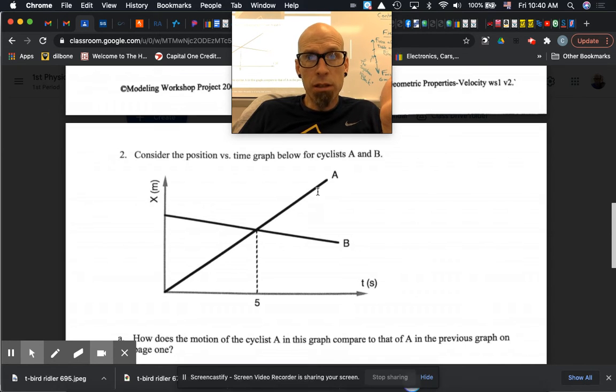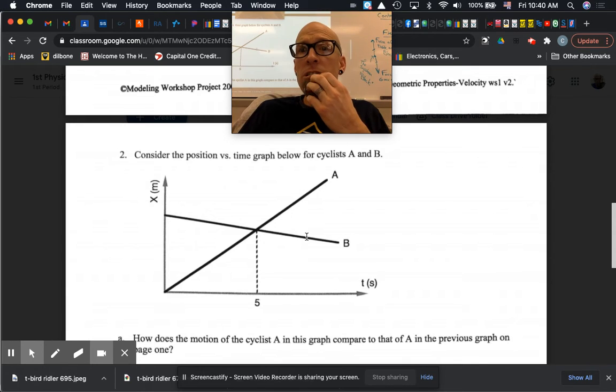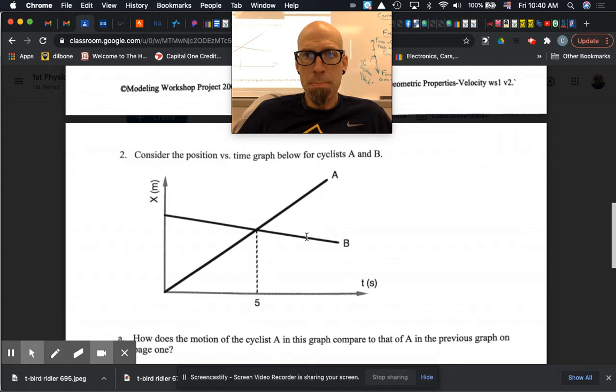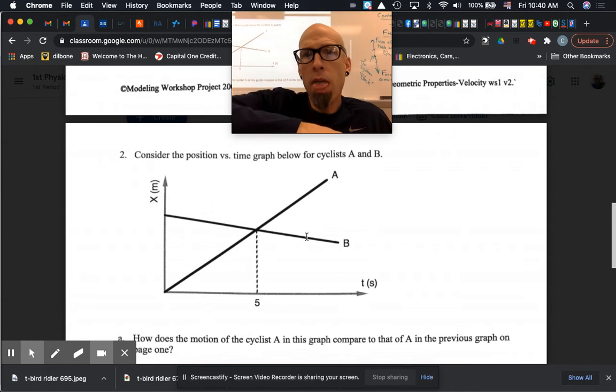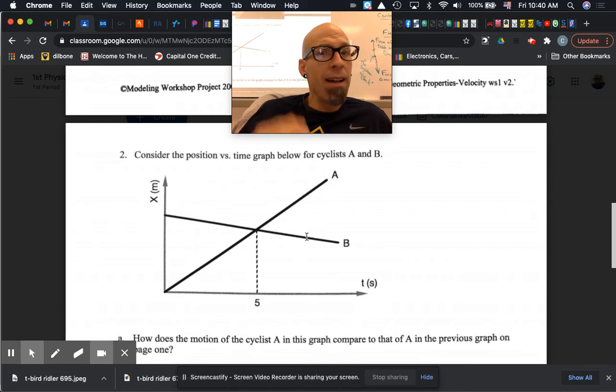A is still faster. It doesn't matter that B's slope is negative. We're just looking at how steep they are. Regardless of how B is tipped, positive or negative, it's just how much they're tipped. B's is not tipped very far. A's is way steeper, and so that's way faster.